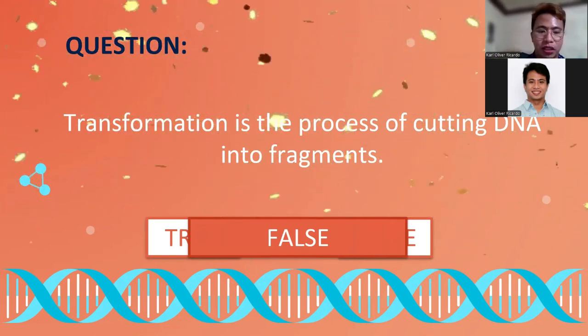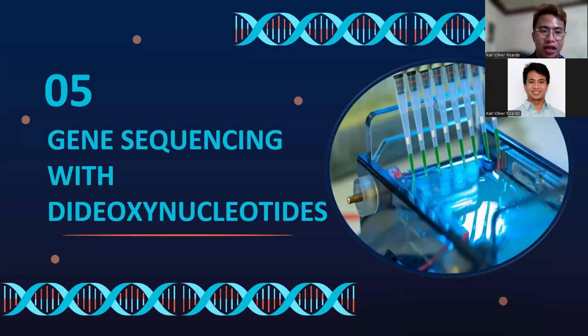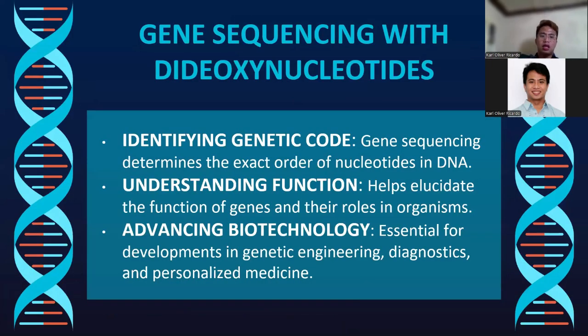Okay? So we will proceed now with our next topic on gene sequencing with dideoxynucleotides. So in here, identifying the genetic code. Gene sequencing reveals the precise order of nucleotides in a DNA strand, allowing researchers to identify specific genes and understand their genetic information.